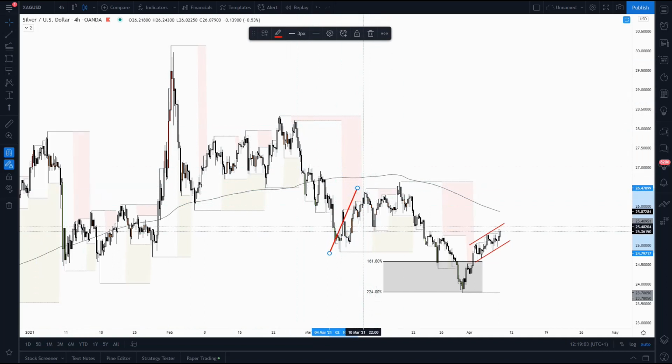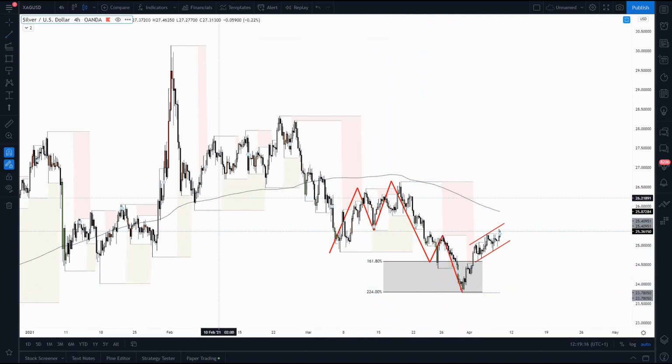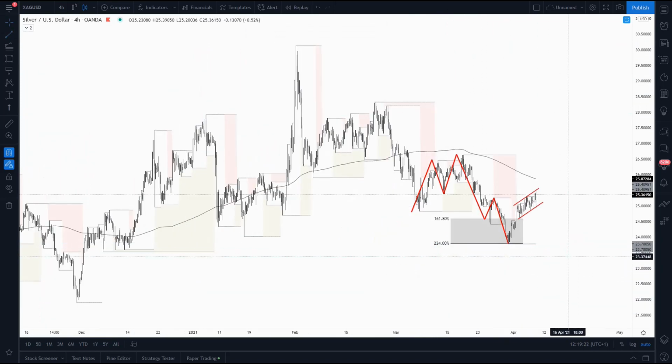So we have one first swing high followed by a pullback, new highs, golden Fibonacci, bounce, 224, bounce again. Okay. As I shared yesterday, let me recover that chart for you on silver.